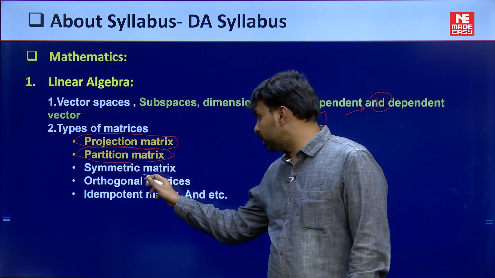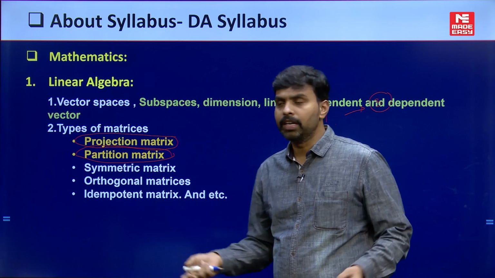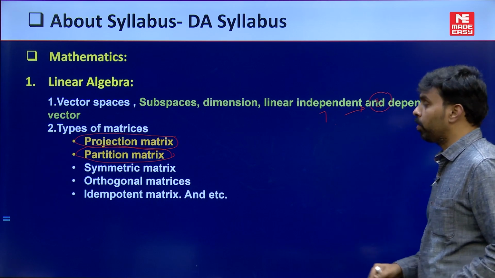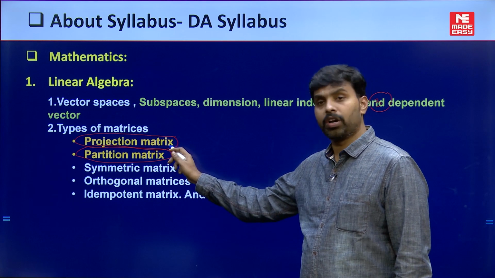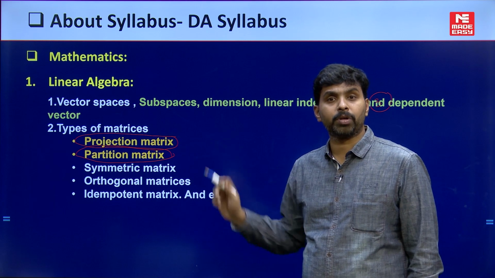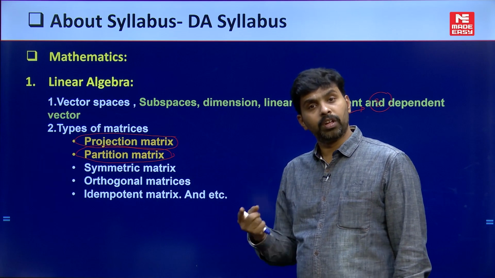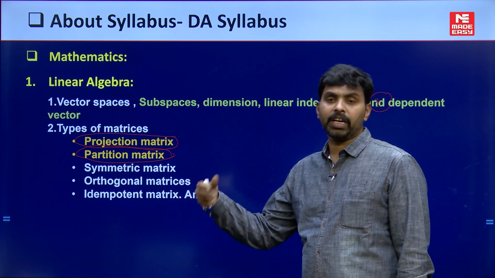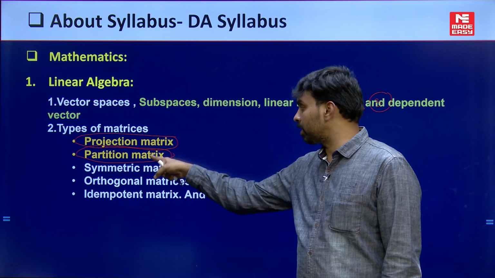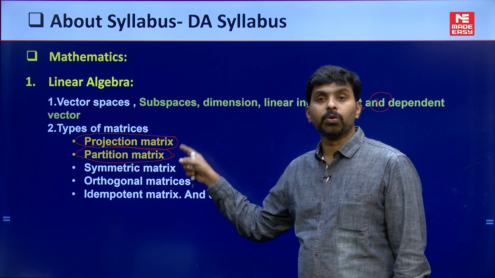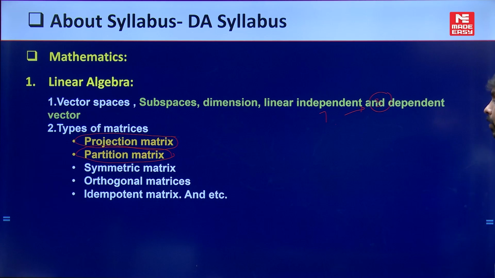Then there are the symmetric matrix, orthogonal matrix, idempotent matrix, etc. These types of matrices are very important. In last year's 2024 GATE DA paper we got a question from the projection matrix concept also. But this is not in the syllabus of regular electrical, electronics and other branches' mathematics. So these 2 topics especially are highlighted here. I am talking about the DA syllabus, right.